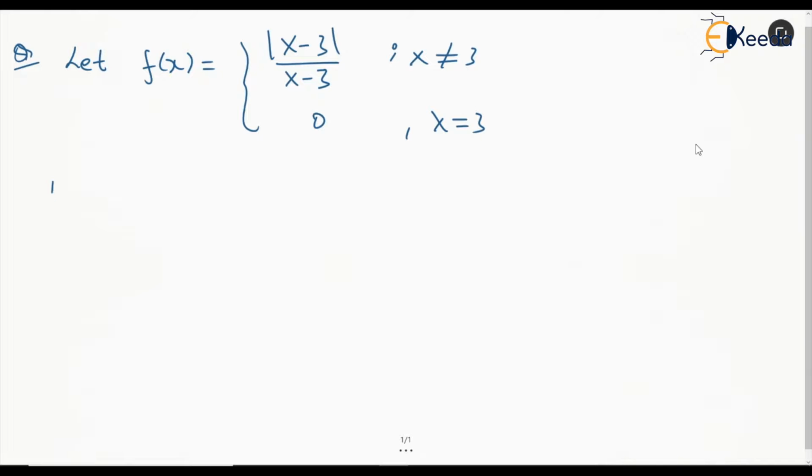So we need to find the limit of f of x for right hand.